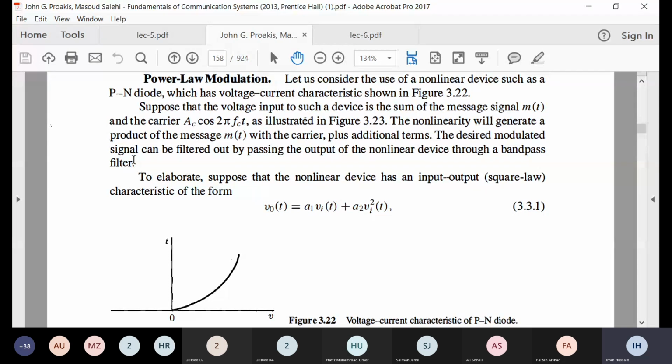So you can see the opposite will be happening in case of a demodulator. In a demodulator, we are putting a low pass filter, but in case of a modulator, to make an AM signal, we are putting a band pass filter after our non-linear device.